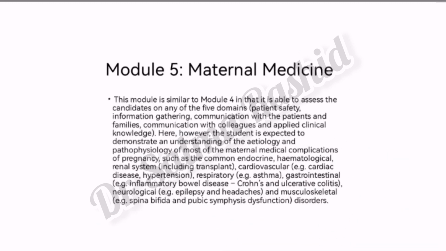This module is similar to module 4 in that it is able to assess the candidates on any of the 5 domains: patient safety, information gathering, communication with the patients and the families, communication with colleagues, and applied clinical knowledge.